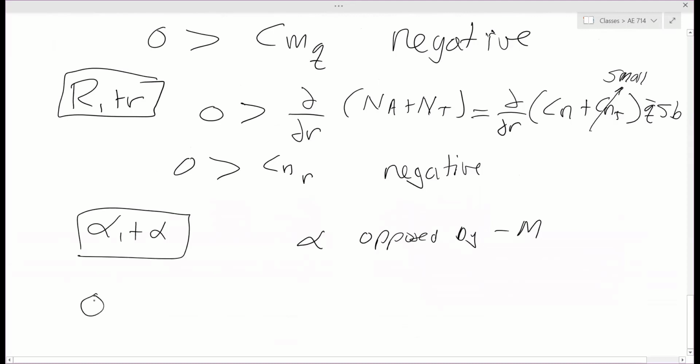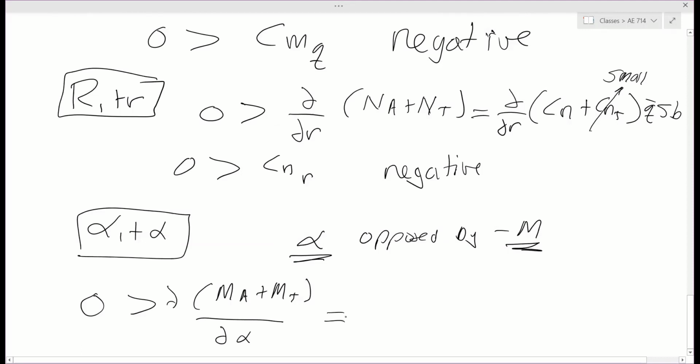And we know that Cm alpha has to be negative, but it comes from this direct definition. An angle is opposed by a negative moment. So the total pitching moment.